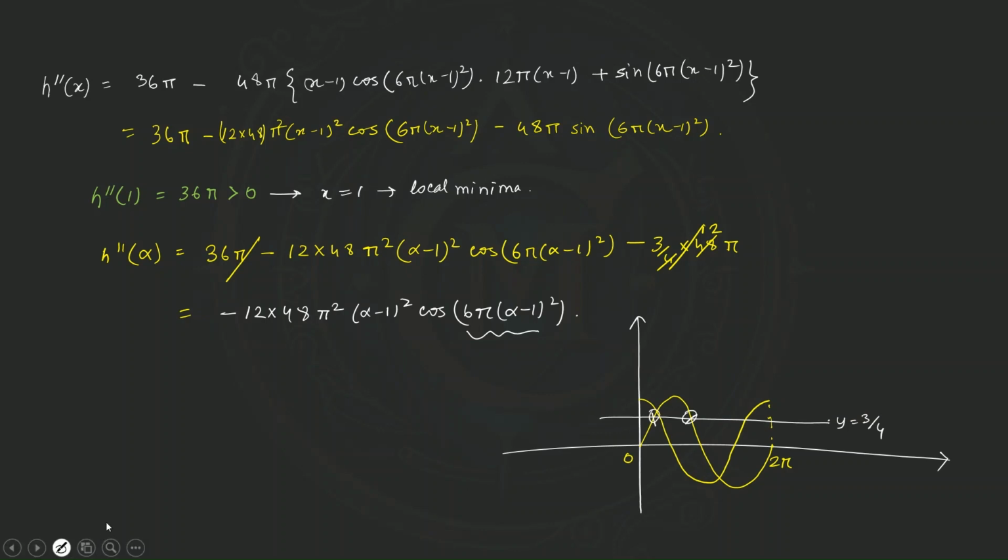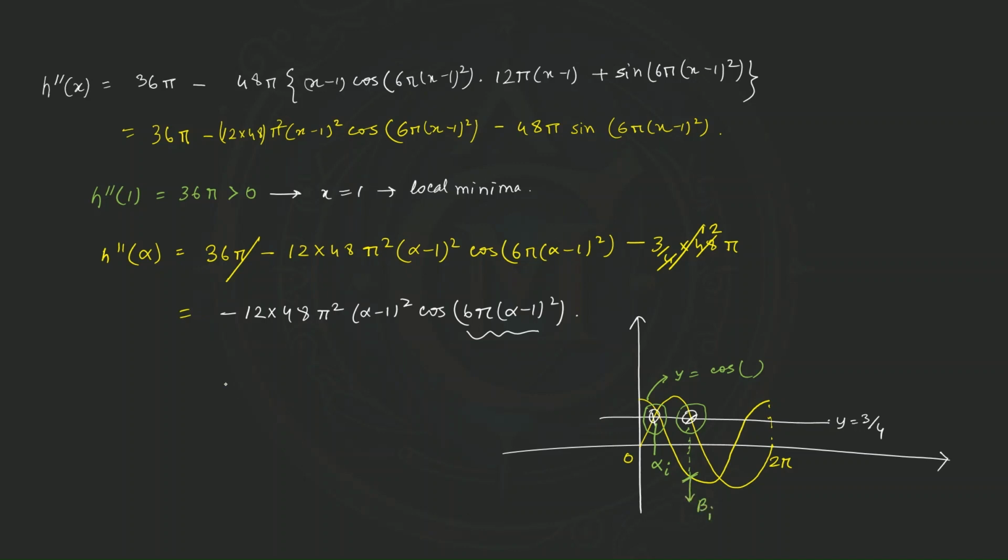Now think about this, if we consider only this cosine graph, y equal to cos of this argument, we can say that corresponding to this point our cosine value is positive, and corresponding to this point we have our cosine value as negative. So let's say this point is some alpha i, then this point is our beta i.